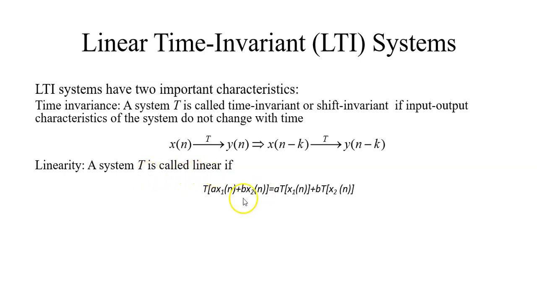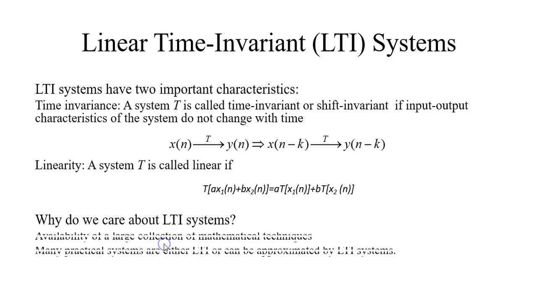System T is called linear if it satisfies this property as we discussed before. Why do we care only about linear time invariant systems? Because of the availability of a large collection of mathematical techniques, many practical systems are either linear time invariant or can be approximated by linear time invariant systems, which means we are interested in them because of their wide application.